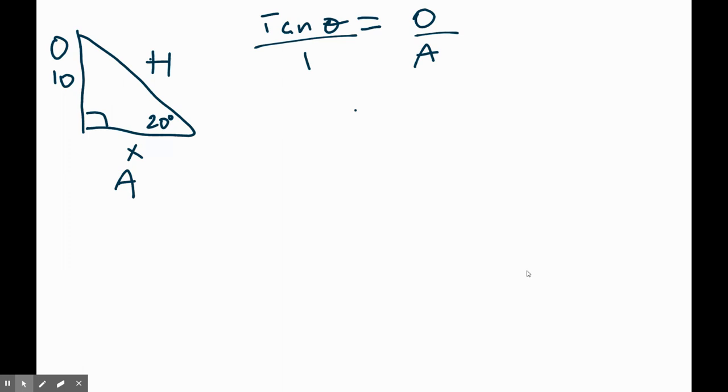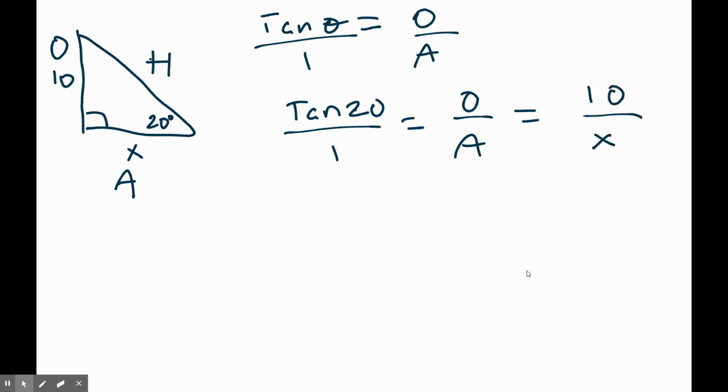So now we can start this off as tan of 20 over 1 is equal to O over A, which is also equal to 10 over x. Now we can set this up as tan of 20 over 1 is equal to 10 over x.